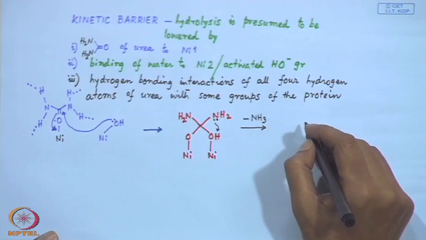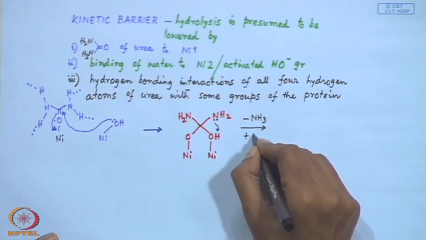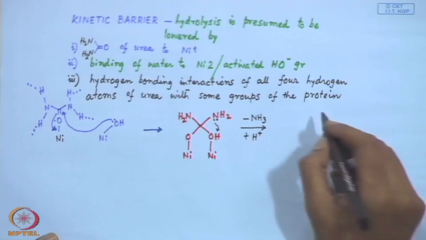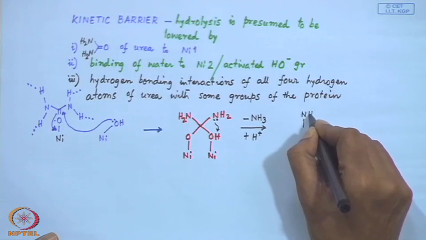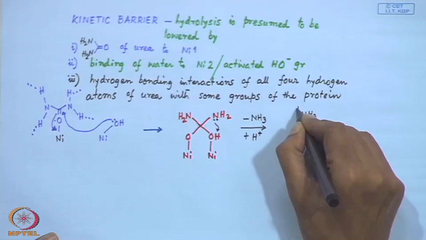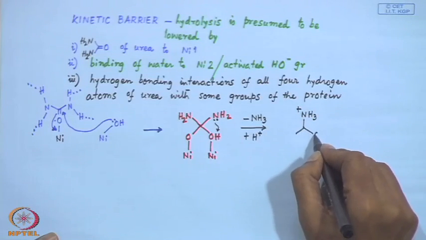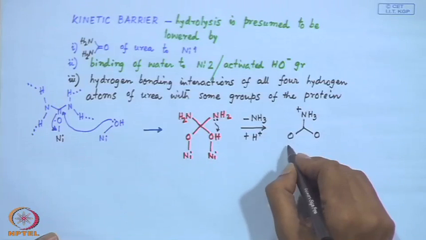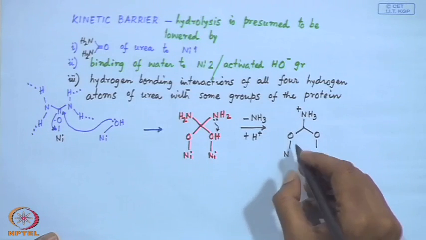and this particular one, if the system also gives one proton, can be either NH2 or NH3 plus. If it takes this proton, then at one particular site you have the carbamylated lysine.